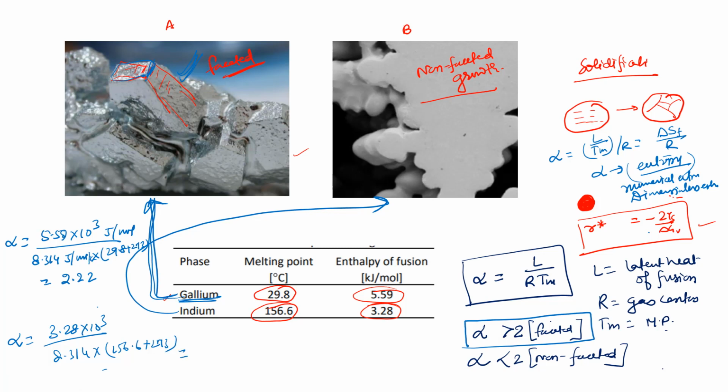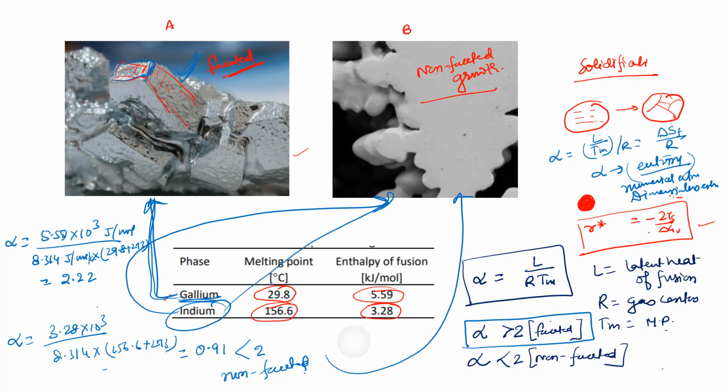I think I'm getting 0.91. Check your values. Yes, 0.91, so it is less than 2. So this will show non-faceted growth. That means indium will be non-faceted.